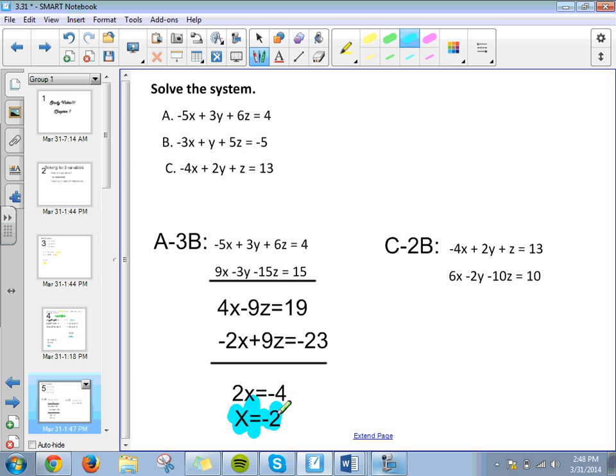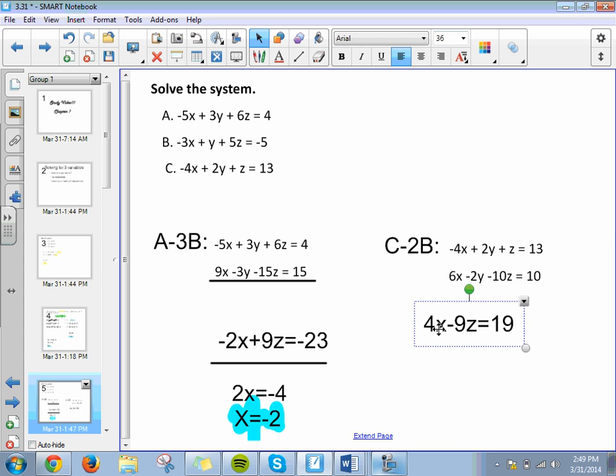Alright. So now that I know what my x is, I can take one of these 2 equations, plug in my x value, and solve for z. Doesn't matter which one, I'll just take the top one. So I'm literally just going to bring it over here, plug in a negative 2 for x, and solve.